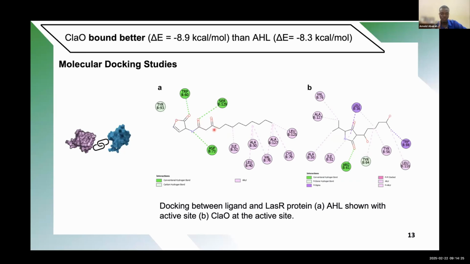On the left, we have the AHL, which is the native ligand or the autoinducer that causes the bacterial biofilm formation machinery to be assembled. And on the right, we have the potential therapeutic candidate, which is CLA-O. We see the interactions quite clearly. In CLA-O, there are interactions with hydrophobic and hydrophilic amino acid residues, as well as some water molecule interactions.